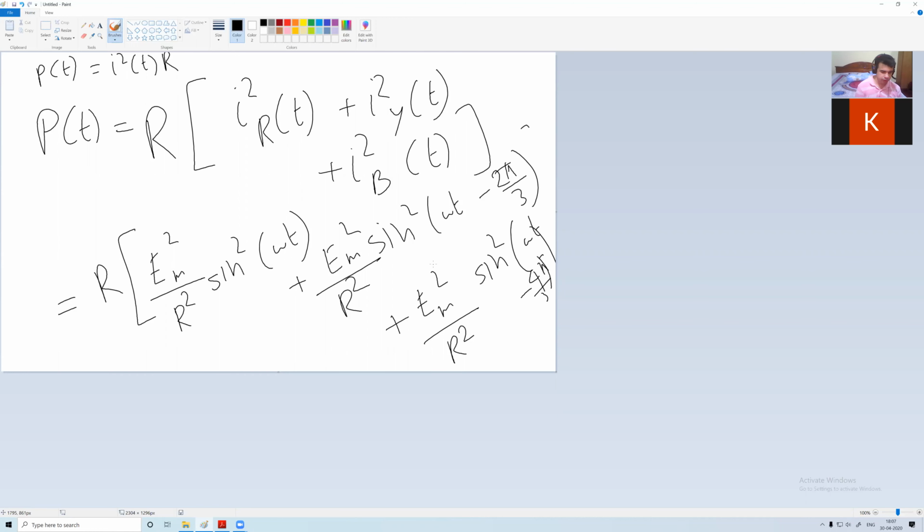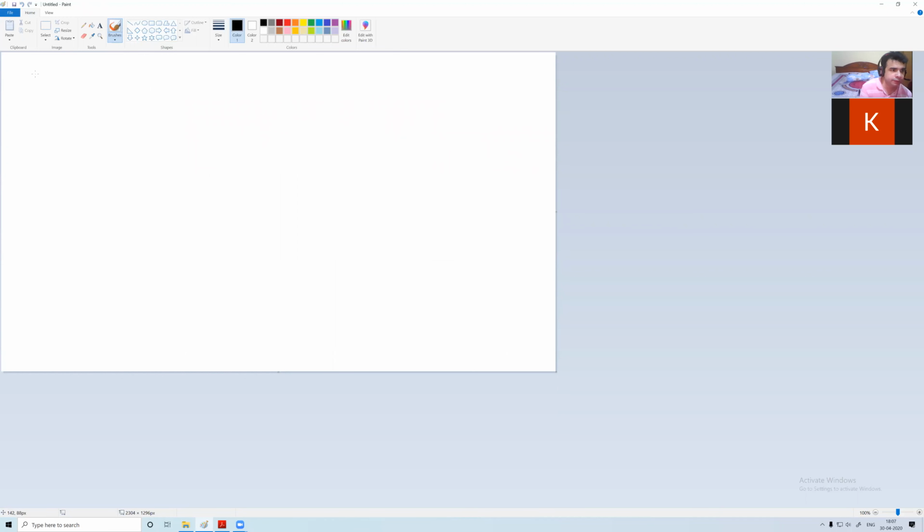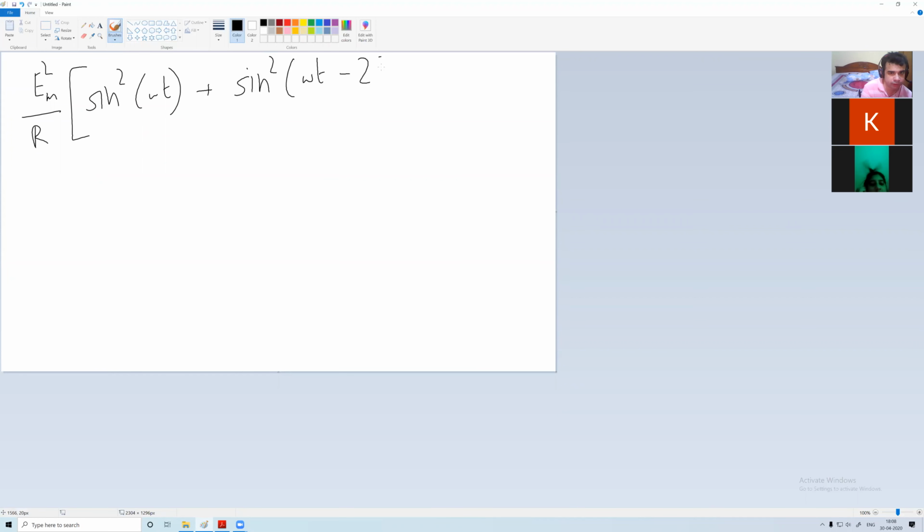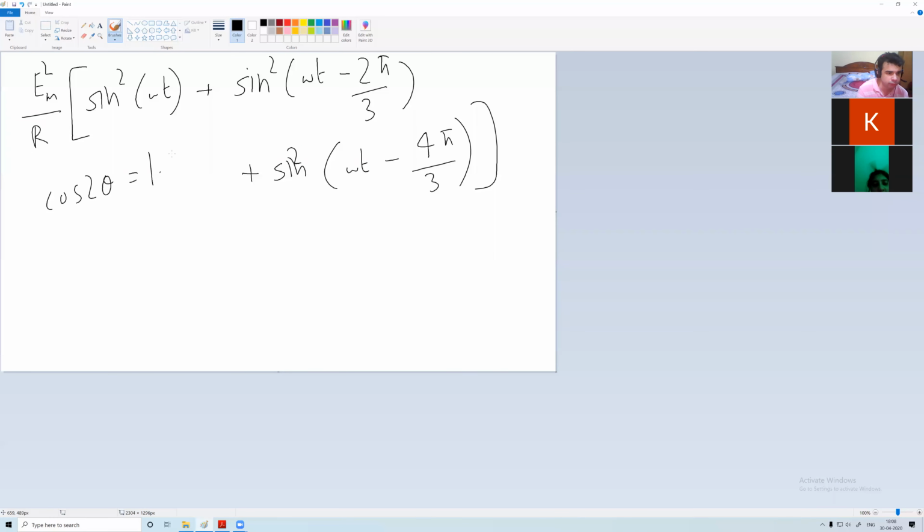So if we continue with our calculations, Em square by R times sine square omega t plus sine square of omega t minus 2 pi by 3 plus sine square of omega t minus 4 pi by 3. Now we use the formula that cos 2 theta equal to 1 minus 2 sine square theta.